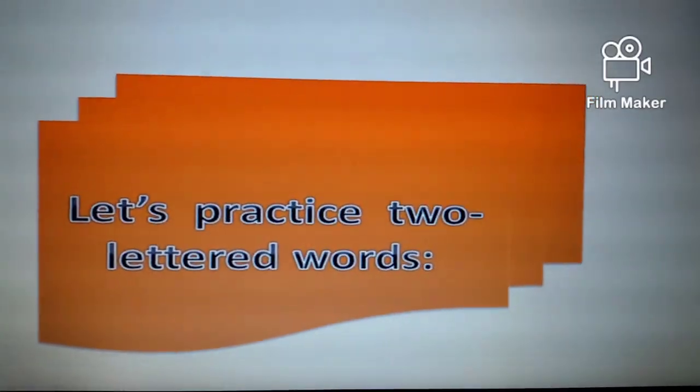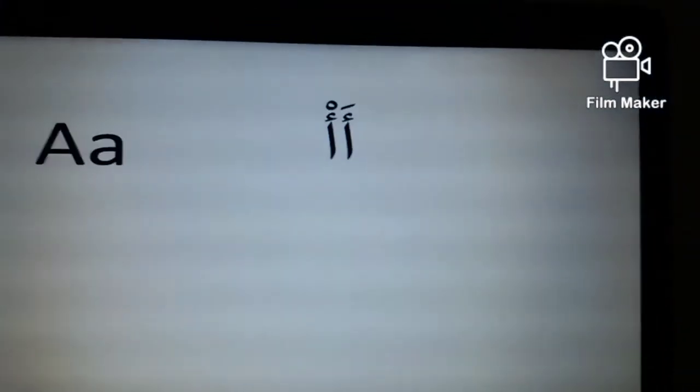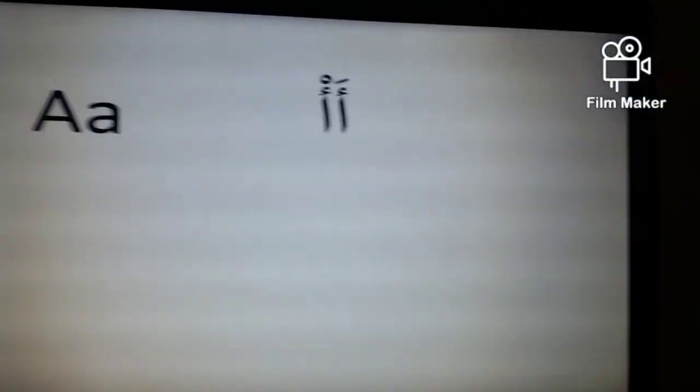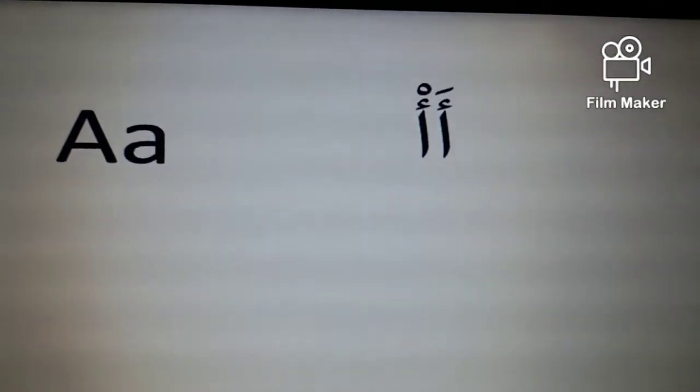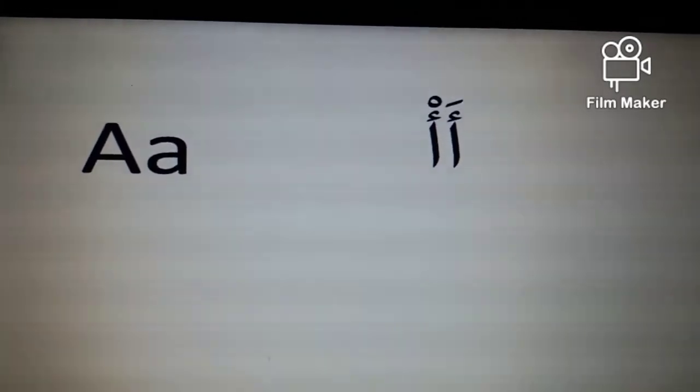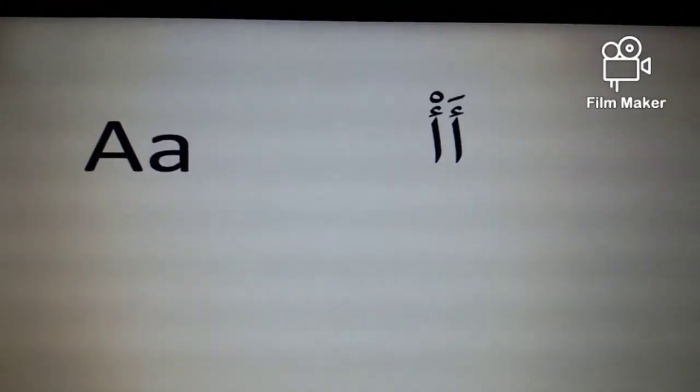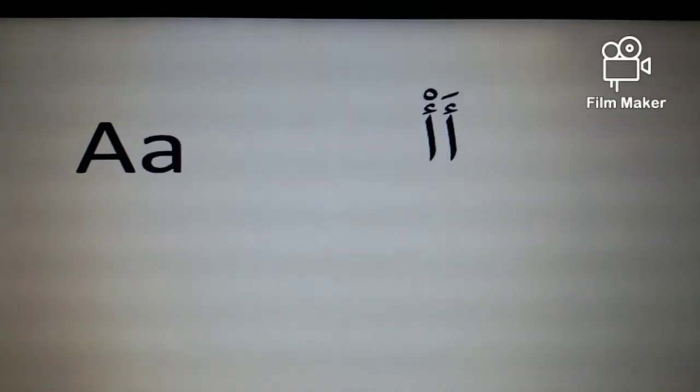So let's see. That letter alif with a fatha over it is pronounced as a. That letter alif has a short vowel over it, that is a fatha, so it becomes a.